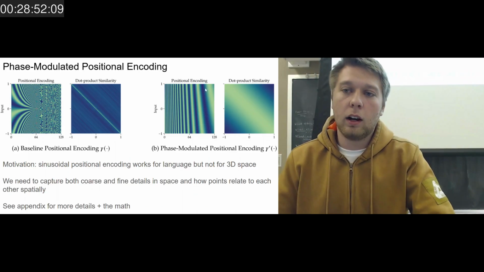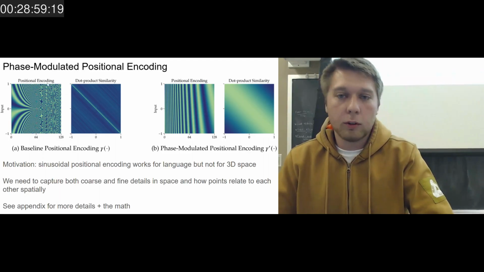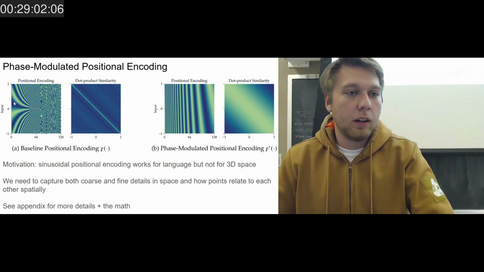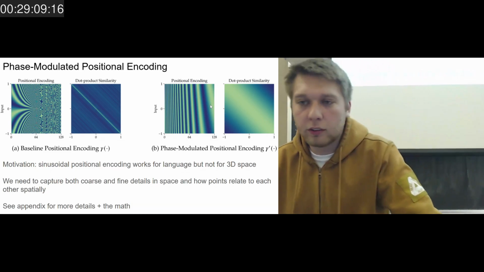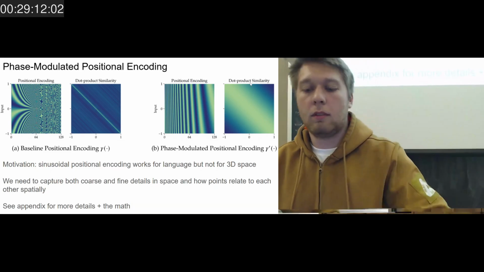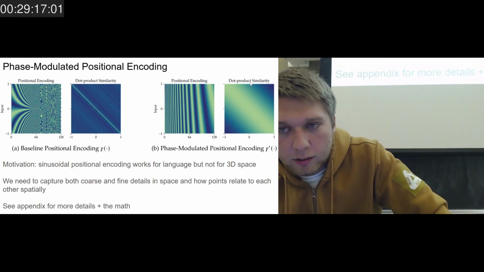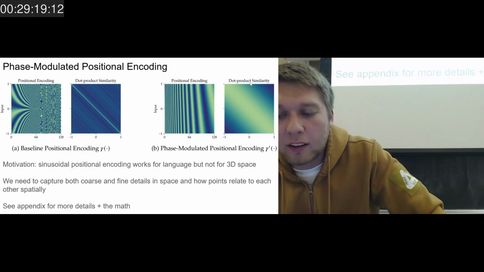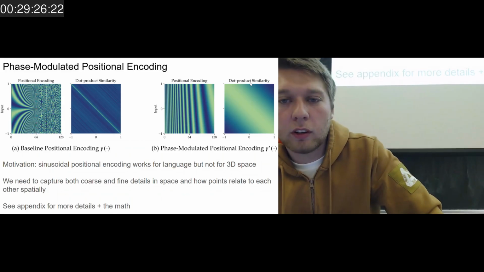So we use the phase modulated section. It's hard to explain these graphs, which is why the math's at the end. But as you can see here, it's exponential. Here, it's slowly getting bigger. So you're basically saying how the attention mechanisms are relying on the dot product between the two position vectors to measure how similar 2 points are.